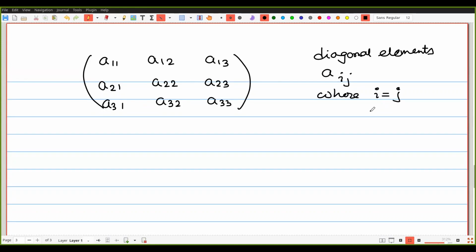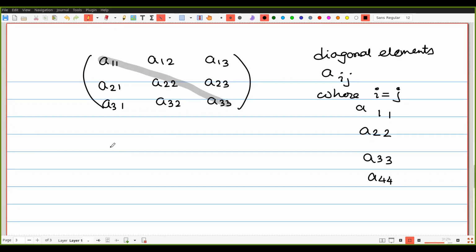So it must be the first row and first column, so A11 or A22 or A33 or A44, like that. Those are the only diagonal elements.